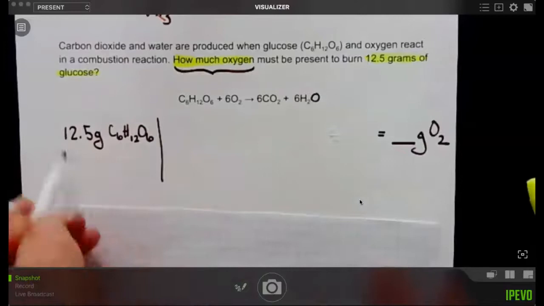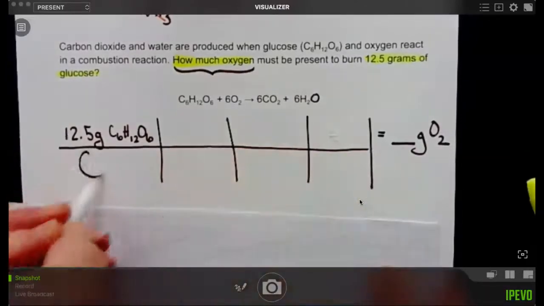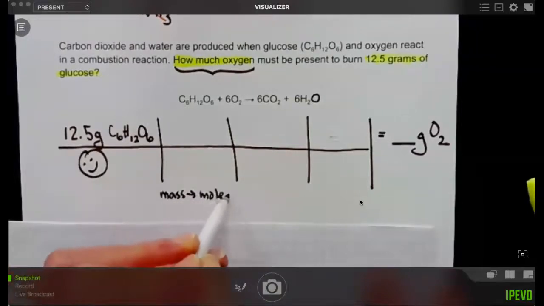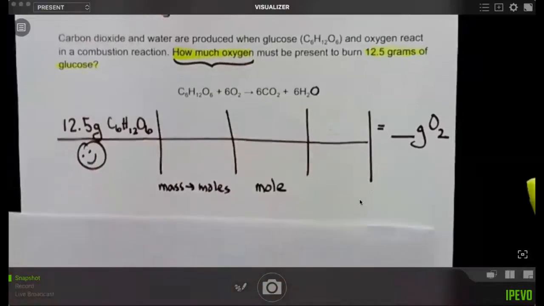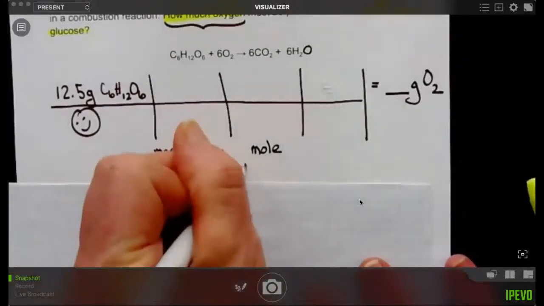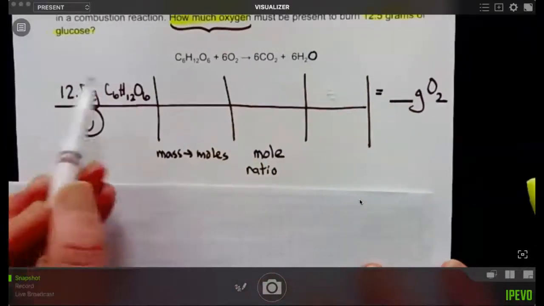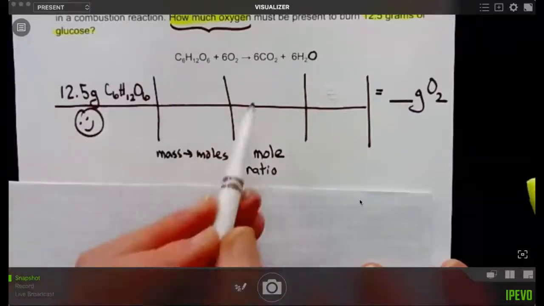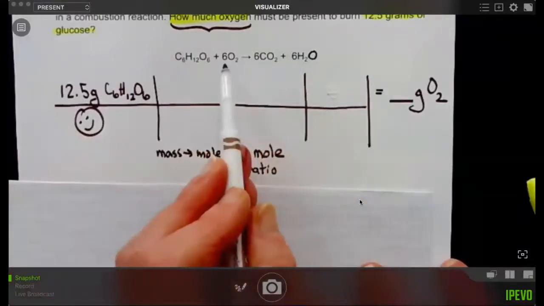So we need 3 conversion factors. The first one, you're going to go from mass to moles. The second one is your mole ratio. In the second one, you will relate the moles of the sugar, the C6H12O6, to the moles of O2 from the balanced chemical equation.